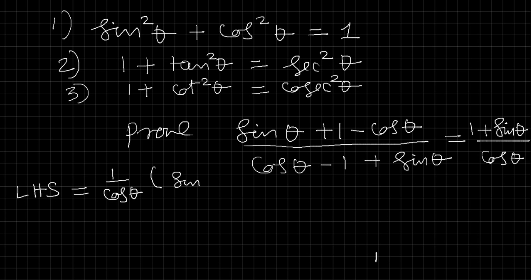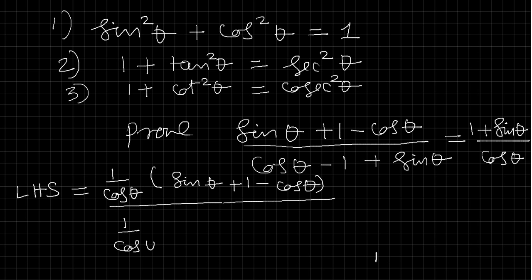So we can write the numerator as (sin theta plus 1 minus cos theta) divided by, with 1 by cos theta multiplied by (cos theta minus 1 plus sin theta).